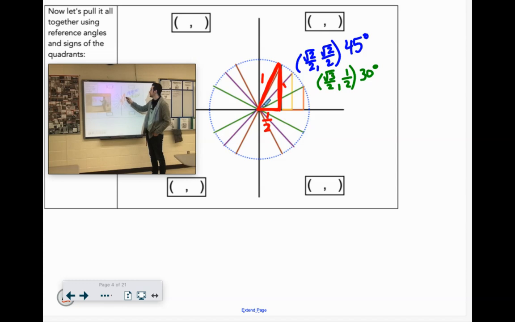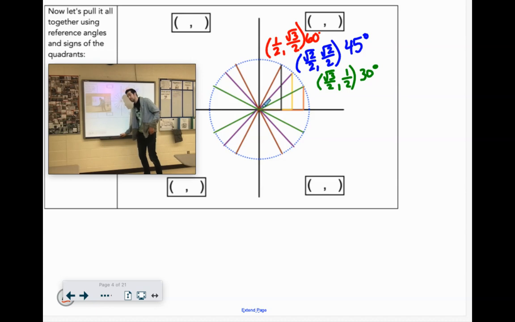And then this would be root 3 over 2. You see the same numbers all the time with the unit circle. So our x-coordinate is 1/2, and our y-coordinate would be root 3 over 2. That's for 60 degrees. So the basic idea is if you can get that first quadrant down, it's very easy to find the other quadrants.